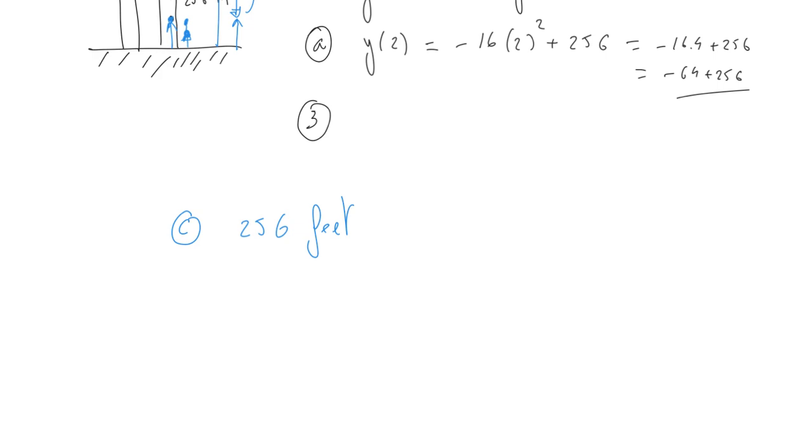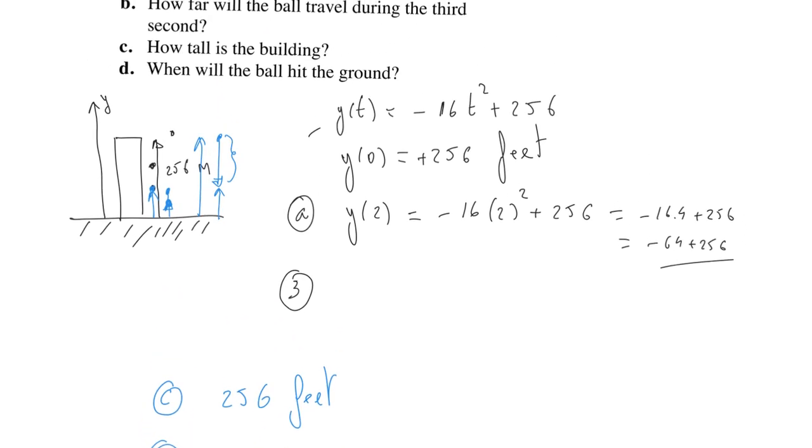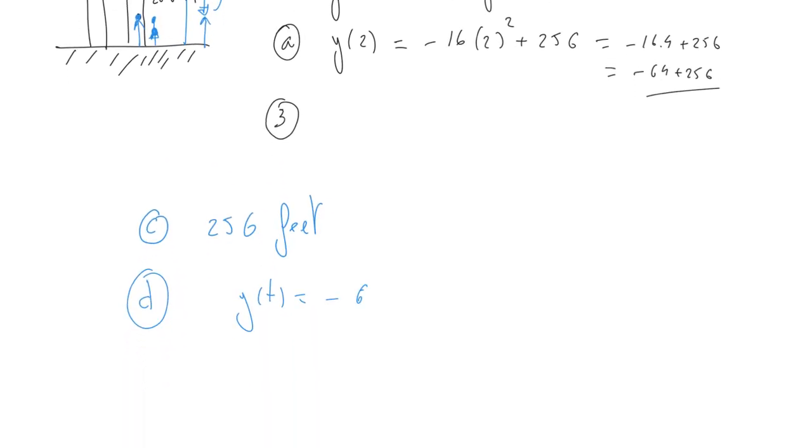So y of t is minus 16t squared plus 256. When y is 0, it hits the floor. But at what time? Well, we can find the time by solving this equation.